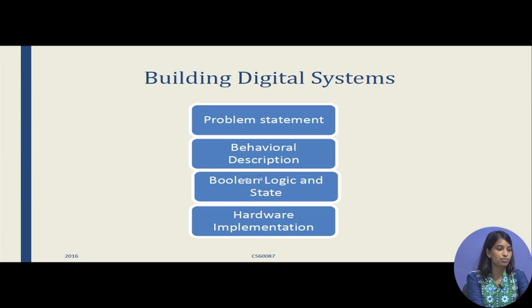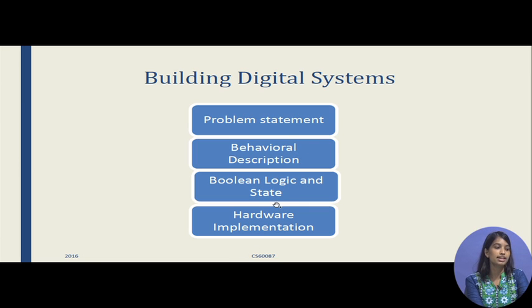So in Boolean logic and state, we have logic equations and a circuit schematic. Once we have the logic equations and the schematic, we convert it into a particular hardware, for example, AND or etc. So the equations will be converted into a physical entity. This is an overall view of how a digital system is built.